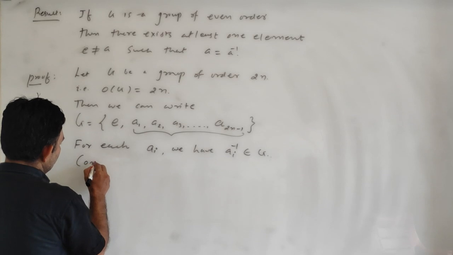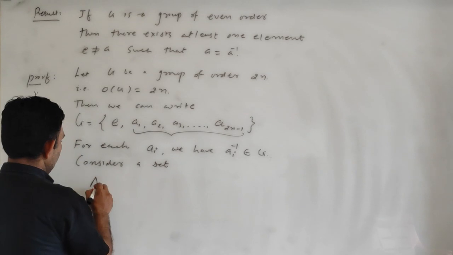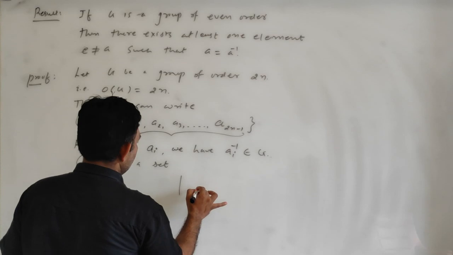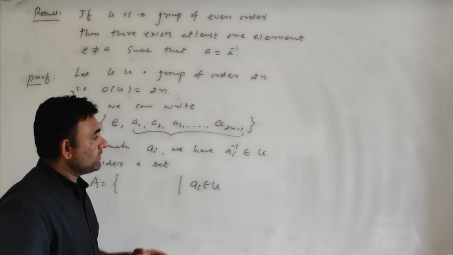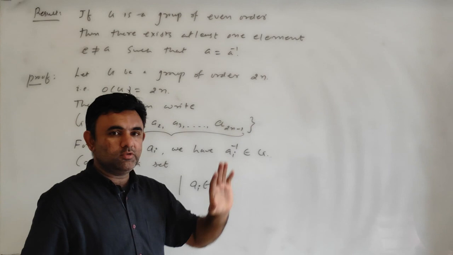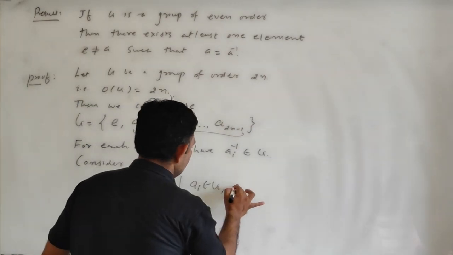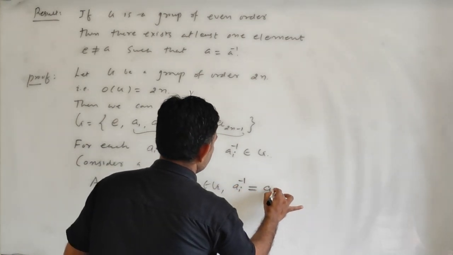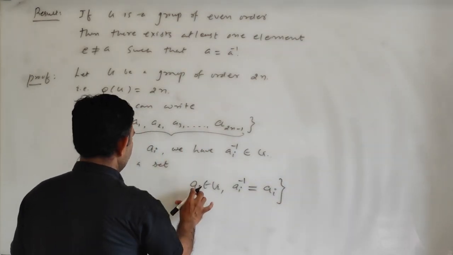Now consider a set A. You take one element Ai from G, like A1, A2, A3, such that its inverse Ai inverse is equal to Ai, and this Ai is not equal to identity.